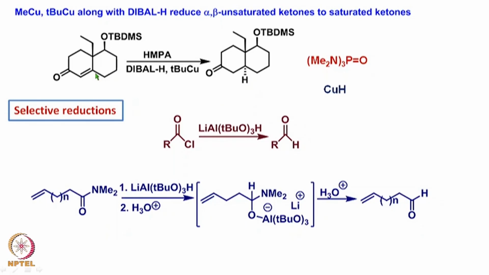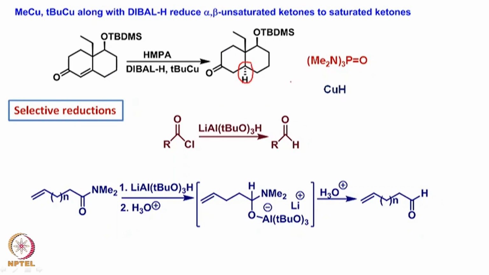The hydrogen approaches the molecule from the side opposite to this particular carbon-carbon bond. Since this carbon-carbon bond is beta oriented, the hydrogen comes from the alpha side.